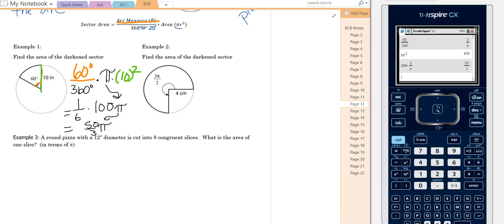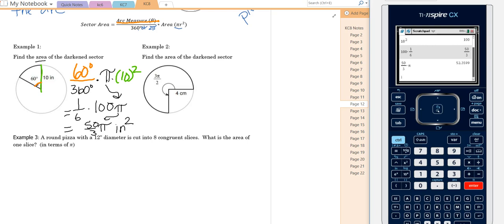Now, it doesn't tell me to leave my answer in terms of pi. So if you want to divide it out and multiply it with pi, you can. Either answer would be correct. So you could either say 50 over 3 pi, since area is always units squared. You could leave it like that. If you want to multiply it, if you have that 50 over 3, you can just multiply it by pi.